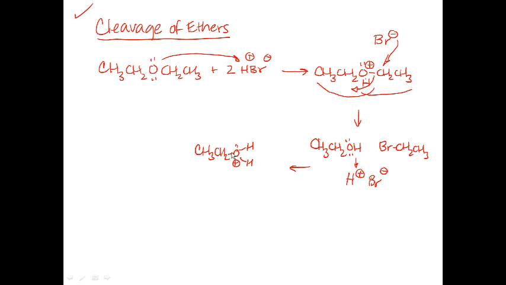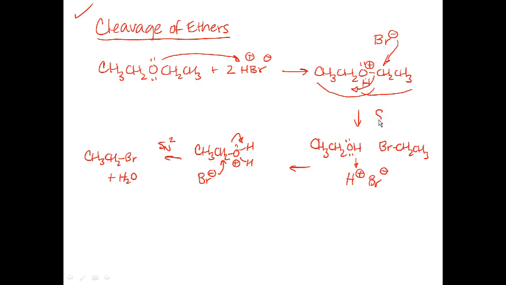Again, a primary carbon is attached to that oxygen, so it can't leave, or else I'd form a primary carbocation. So then the bromine's going to come in, and I'm going to do a second SN2 reaction to now form two alkyl halides, and of course, in this case, my leaving group is water.